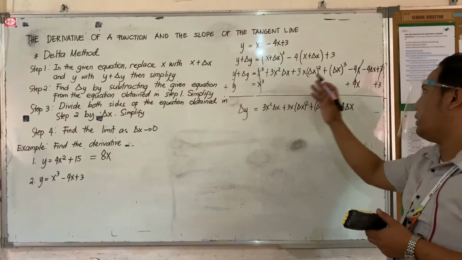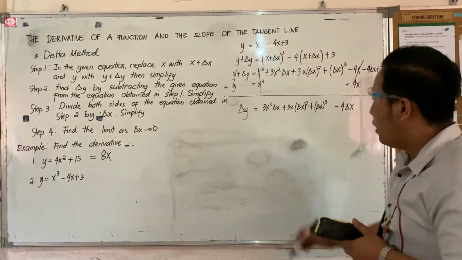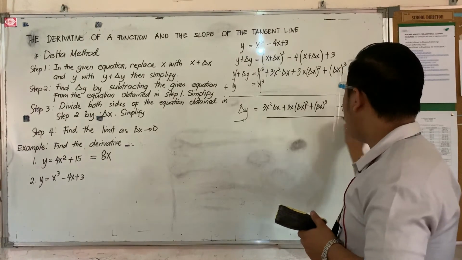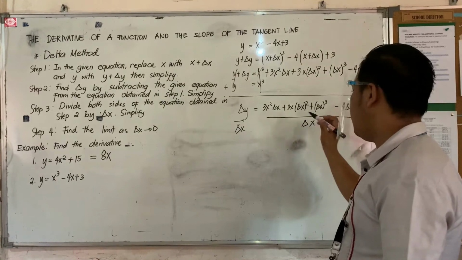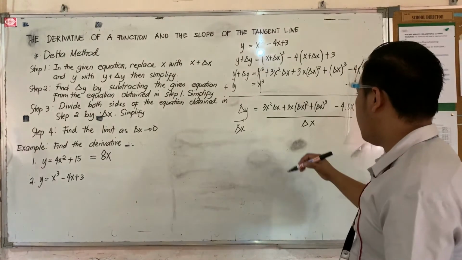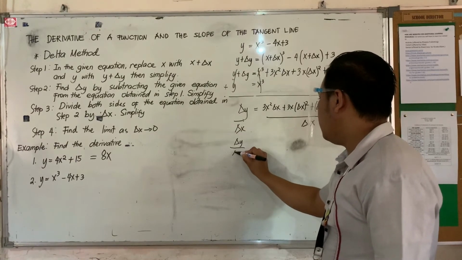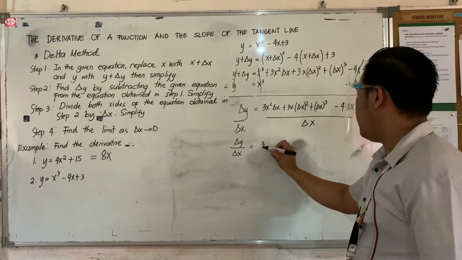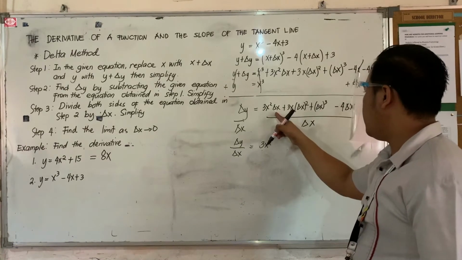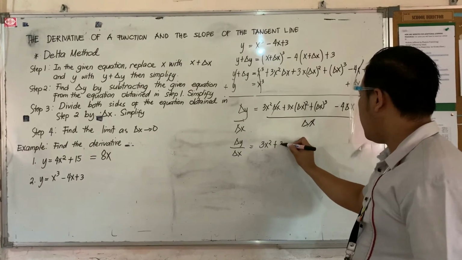Okay, after simplifying that, after subtracting the general equation or the original equation, we will divide both sides by delta x. Okay, i-divide natin and ika-cancel natin kung meron tayong maka-cancel. So we have delta y over delta x. Okay, so 3x squared, susulat natin, write it here. May isang delta x, cancel, plus 3x.